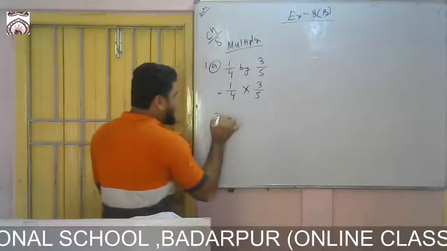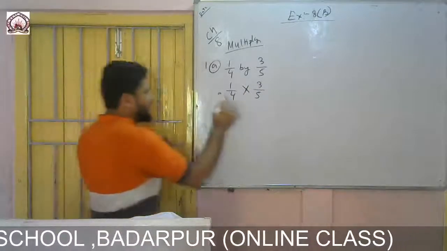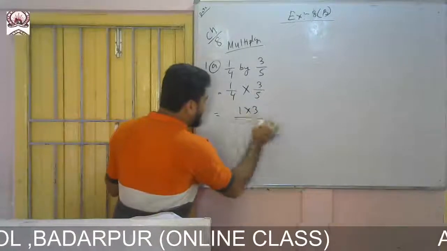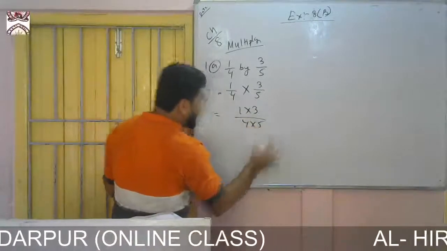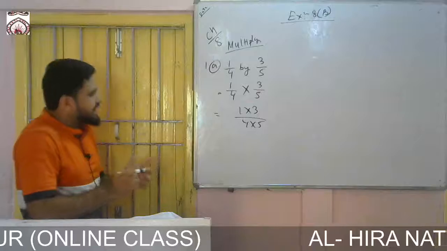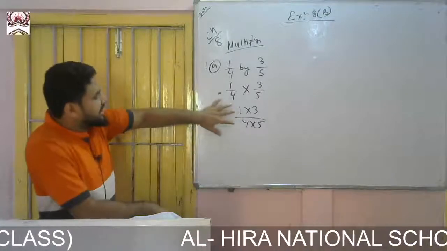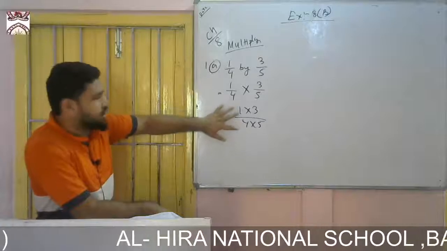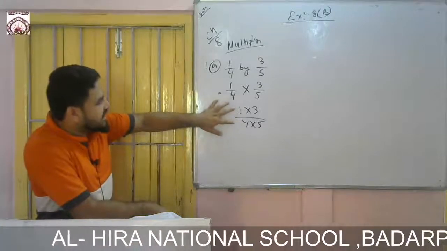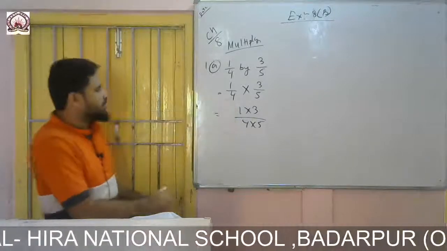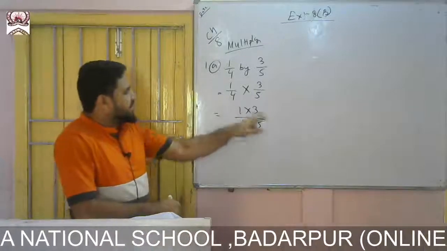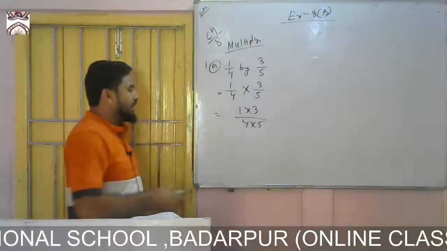Now as in the last class, whatever I have said, first you multiply numerator and denominator. Now you see whether this numerator and denominator get cancelled or not. That means whether this can be taken into lowest form or not. Okay. So 5 cannot divide 3, 4.